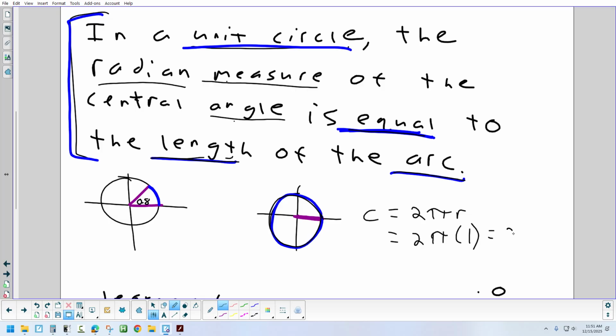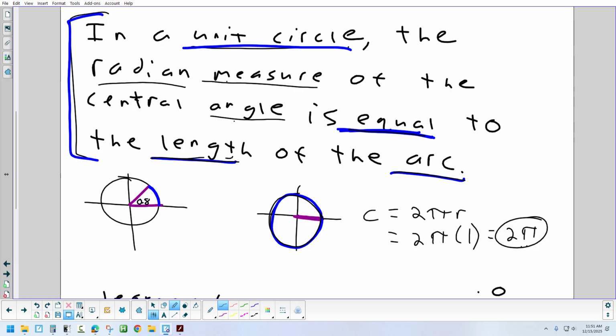Yeah, 2 pi. 2 pi is the length of the arc that goes all the way around the circle. And what do we know that that's equal to? Radian. The what? Radian.